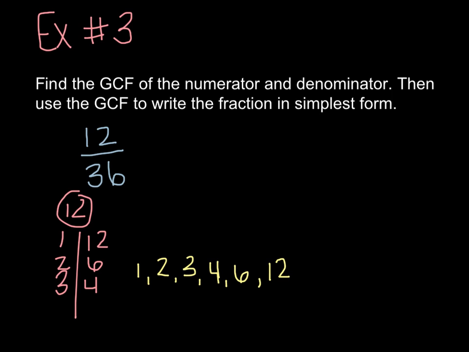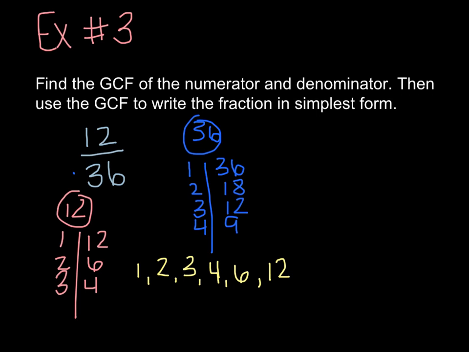And now I'm going to do our denominator, 36. We have 1 times 36, 2 times 18, 3 times 12, 4 times 9, and 6 times 6.